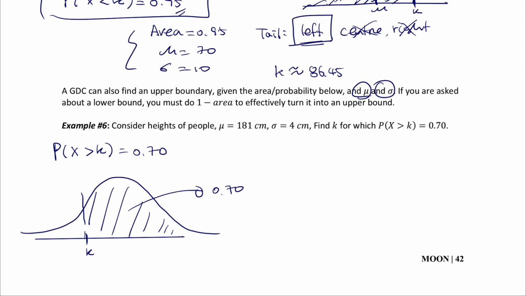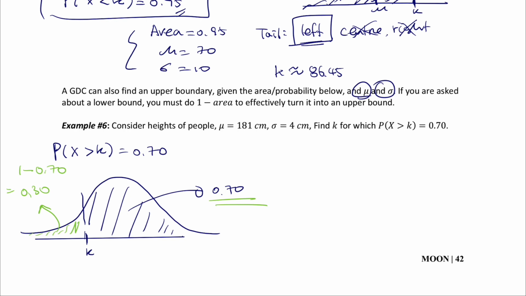So what you need to do is first calculate the left-hand side of your K value. We know that this part is 0.70, that means this part is 0.30, right? Because the area under the curve always adds up to 1. So we can calculate the 0.30 by subtracting 0.70 from 1.